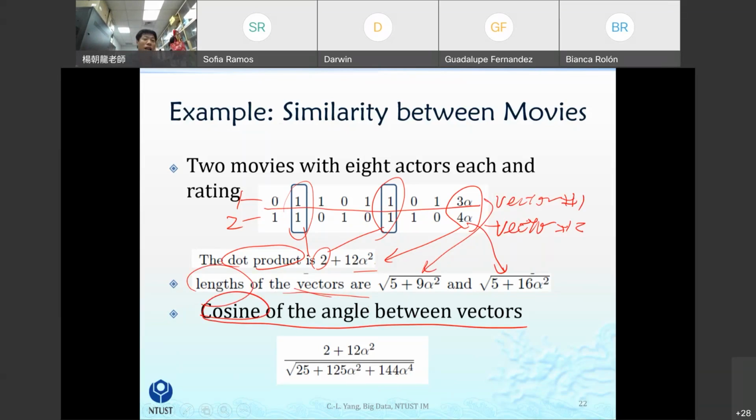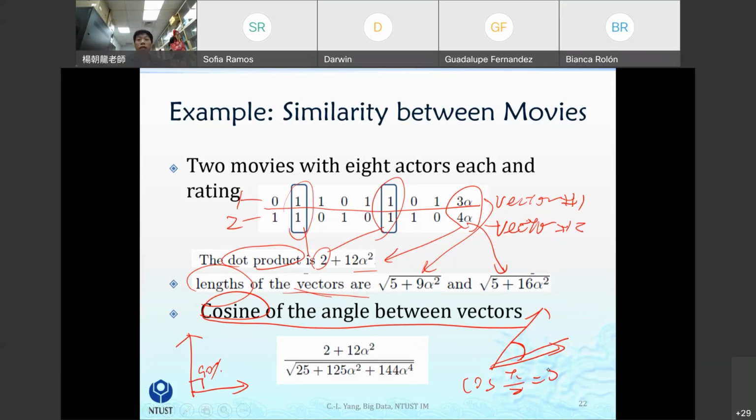Basically, cosine relates to the angle between two vectors. As you know, if the angle is smaller, they are more similar. Of course, if the angle between the two vectors is 90 degrees, think about cosine of 90 degrees, it's going to be 0. Right?